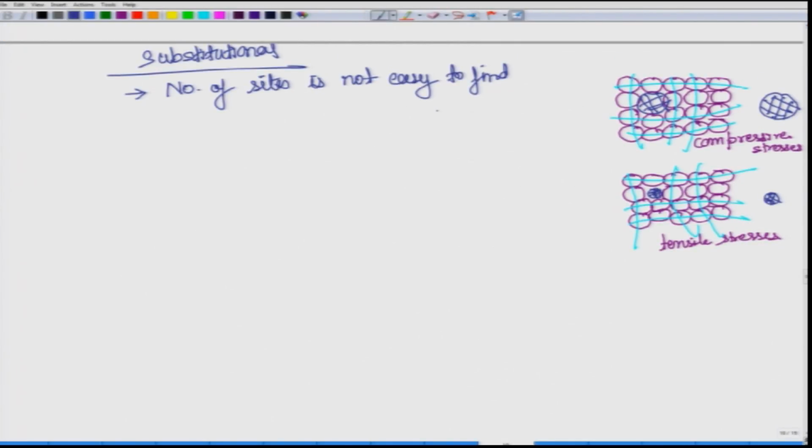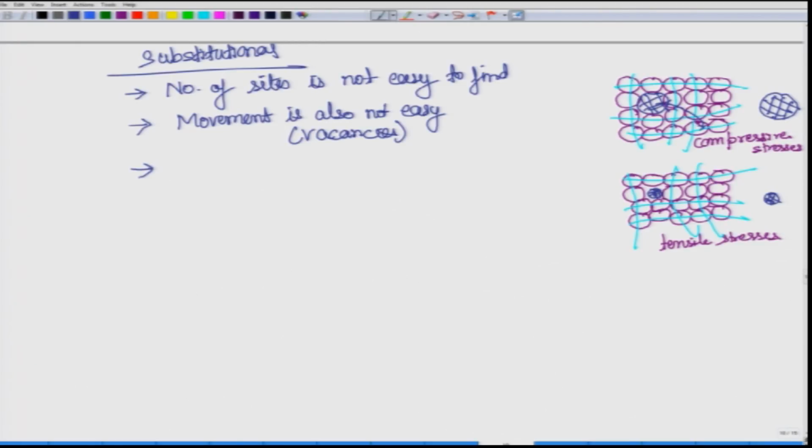So, the number of sites where these atoms can substitute is not easy to find. Once they are in, let us say by one way or the other they are able to find a site. Now, let us say it wants to move to somewhere over here, again that is not so easy, for that it wants vacancies. So, movement is also not easy. What you need are vacancies, and vacancies are a very small fraction. So, the probability of finding a vacancy is very small.